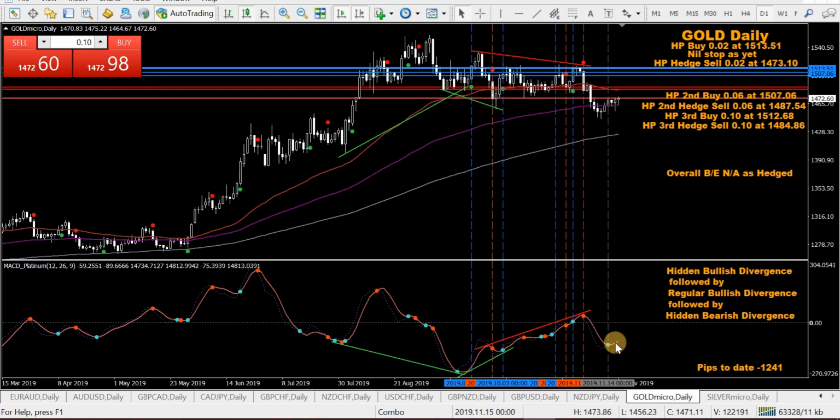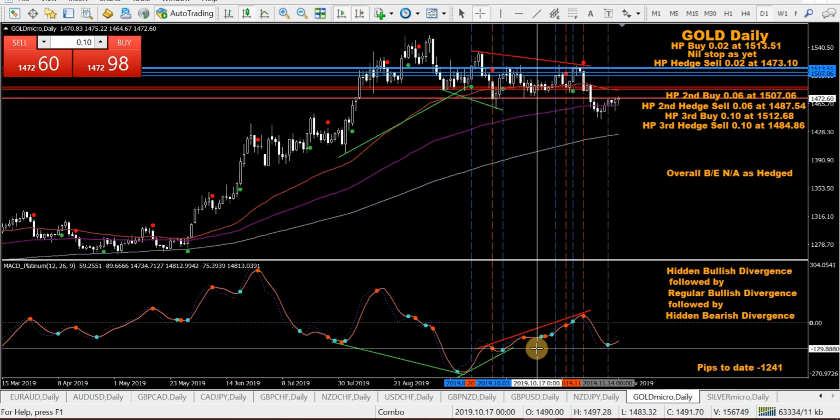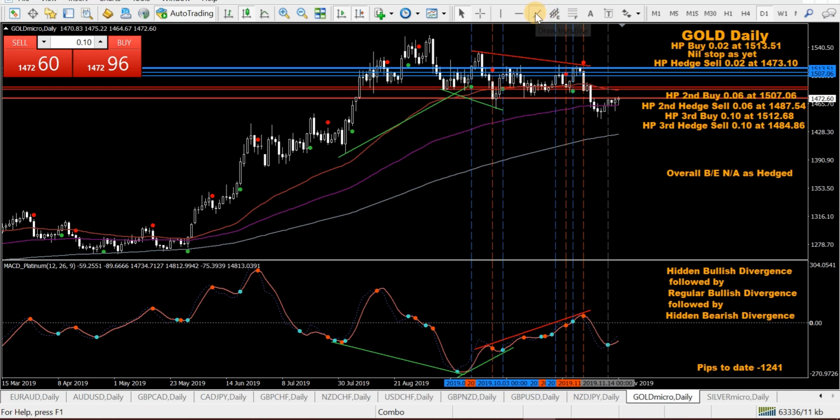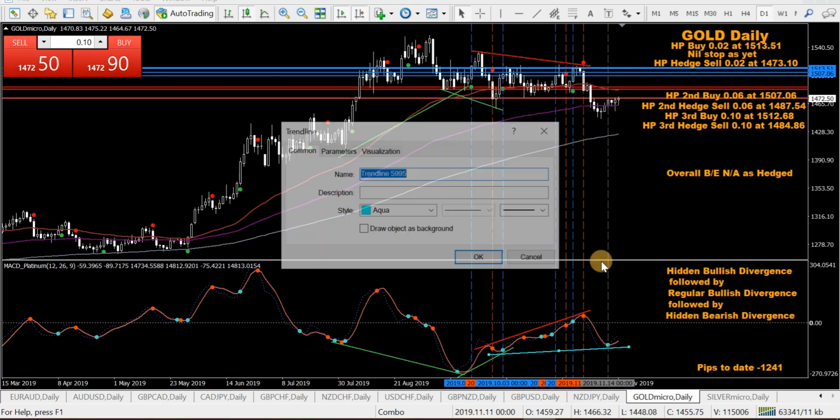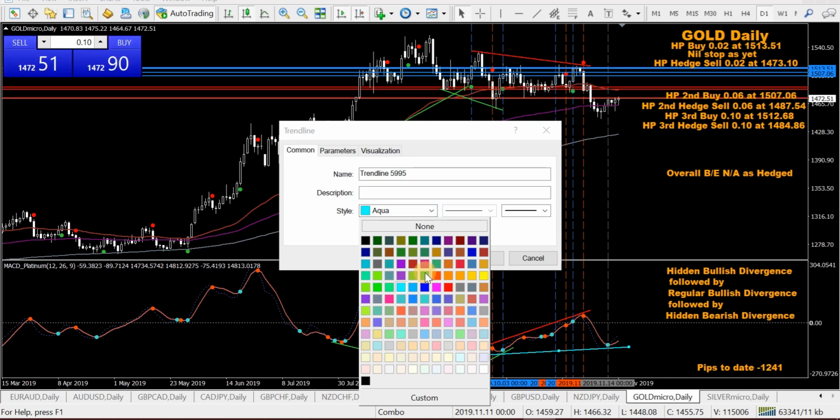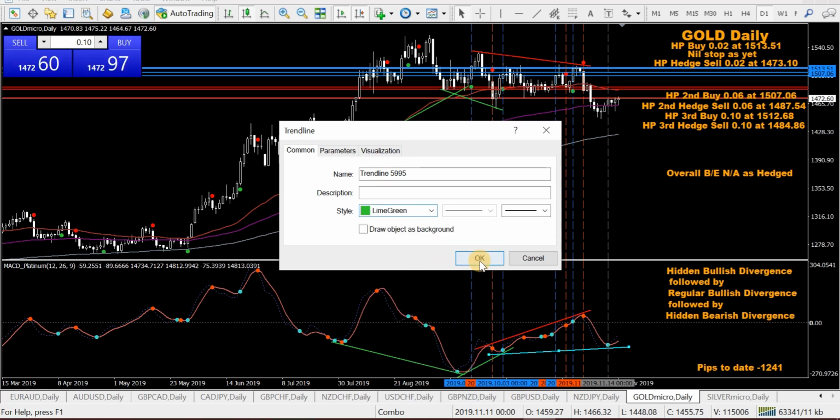I'm in a lot of trades here, looking for a possible buy, and I probably should be drawing, like trend lines here, like what's wrong for divergence, because there is divergence there. Green, so it's buy.